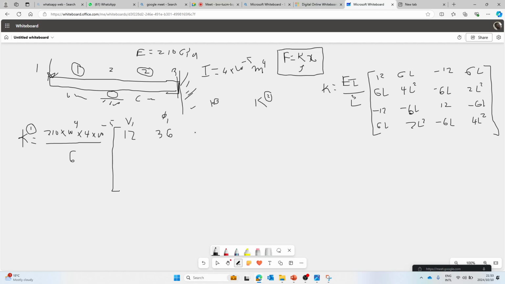The following one, which is minus 12, is going to be V2, and then phi 2. This is how you write your equation. You write it according to the nodes that you have. If you are between 1 and 2, you need V1, phi 1, and then V2, phi 2.